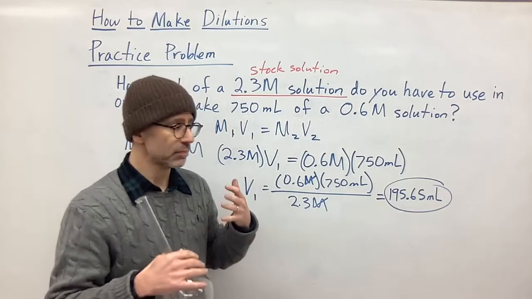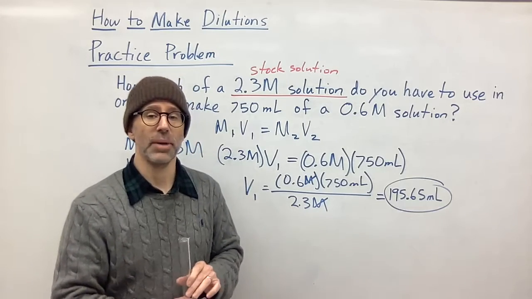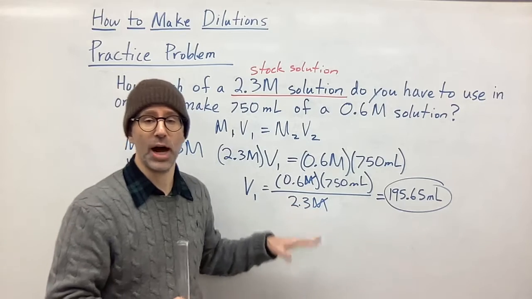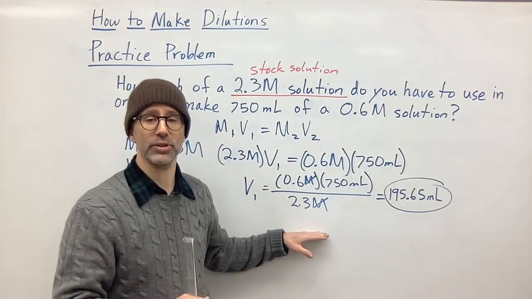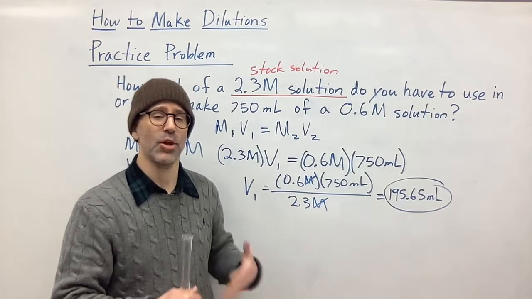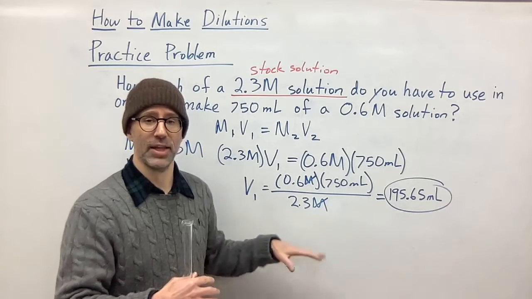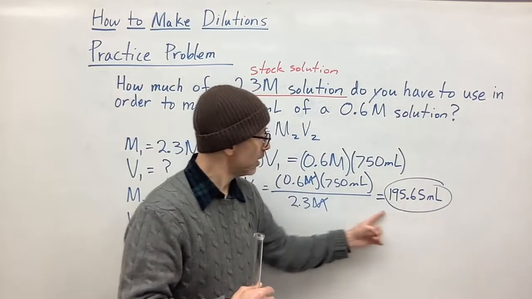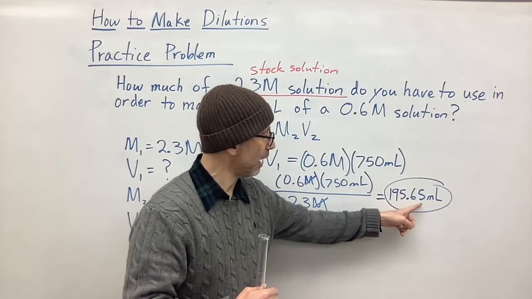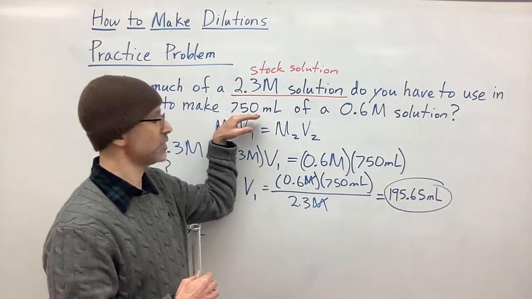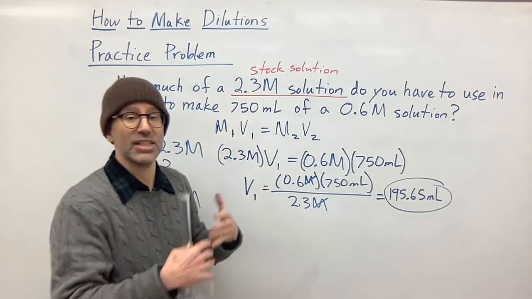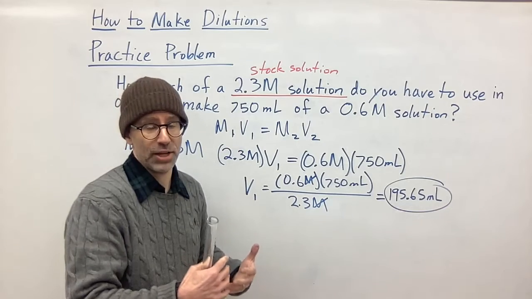Because of that, in problems where they're asking how much water has to be added, they're assuming that volumes are additive, and then you would subtract 195.65 milliliters from 750 milliliters, and that supposedly is the amount of water that you add.